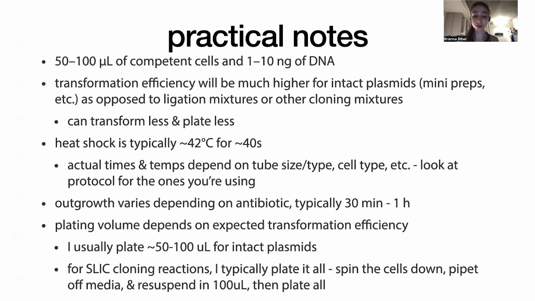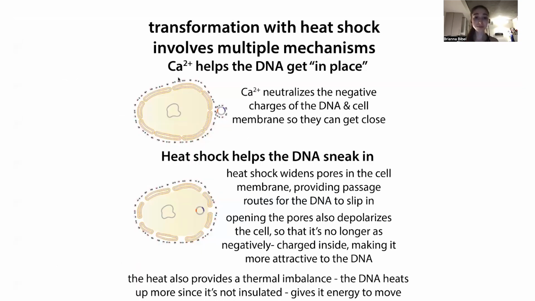So you'll have these individual aliquots with 50 to 100 microliters of competent cells. I typically use 50 microliters. And so then you mix the DNA in, and you're going to do this on ice. Then you take that mixture and you're going to stick it in the heat bath.